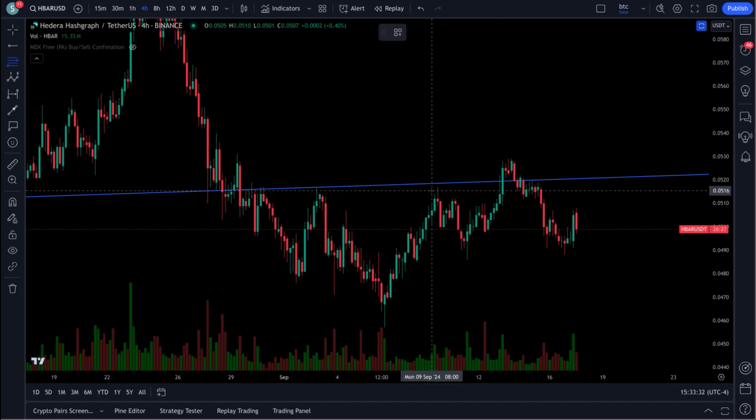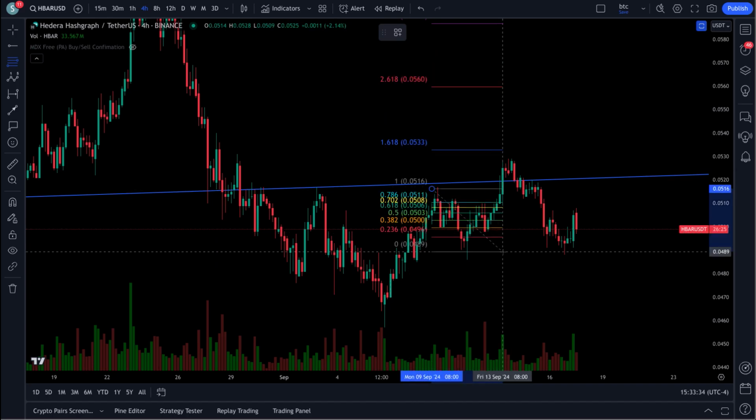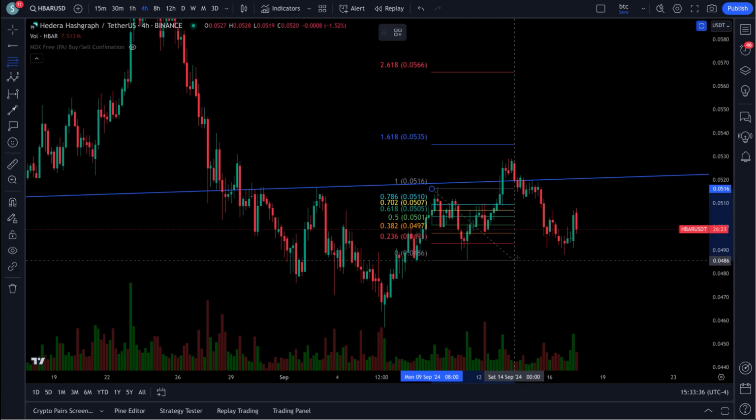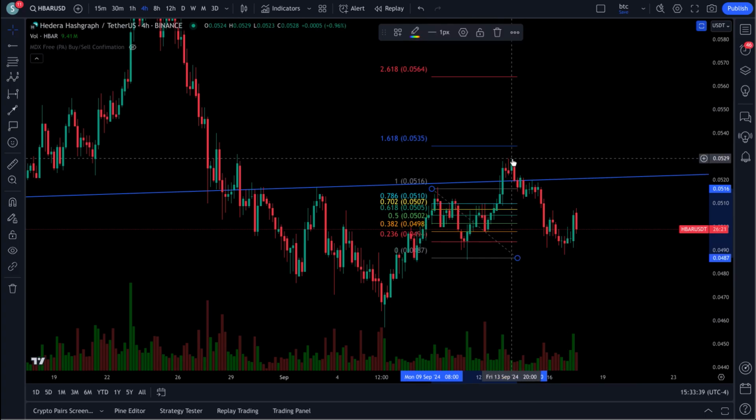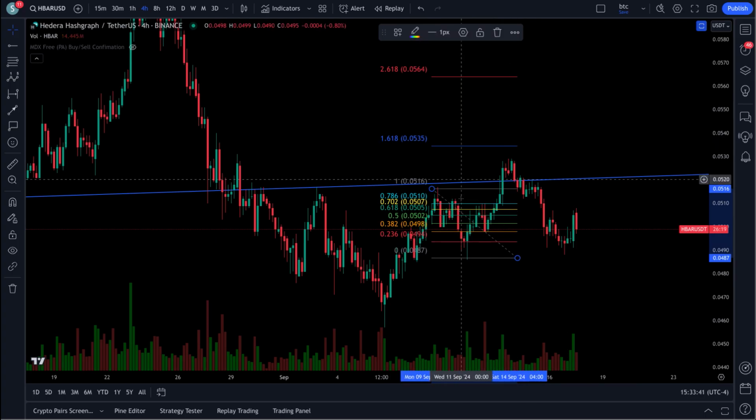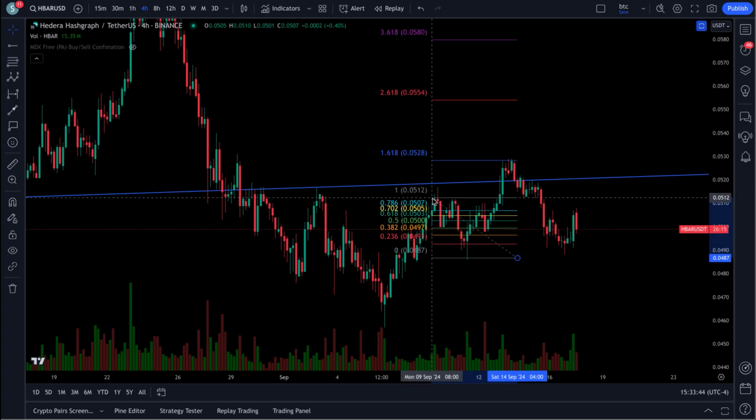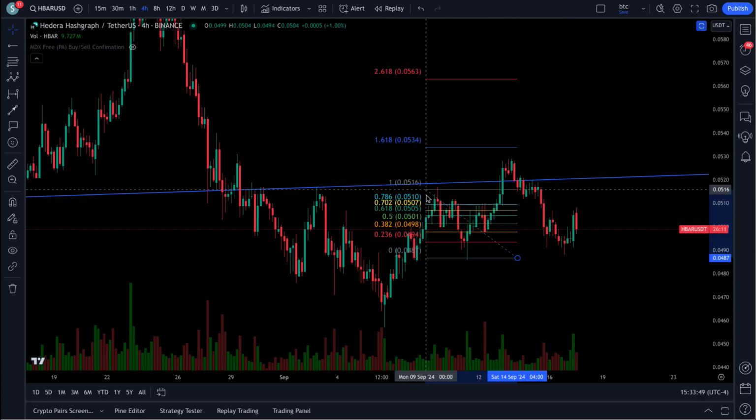We use that, pull it down. Pretty close. Came right up here, almost to that 5.3. If you don't use these wicks, sometimes you get better targets and you'll hit them. These wicks can be very volatile, with the volatility and stuff.